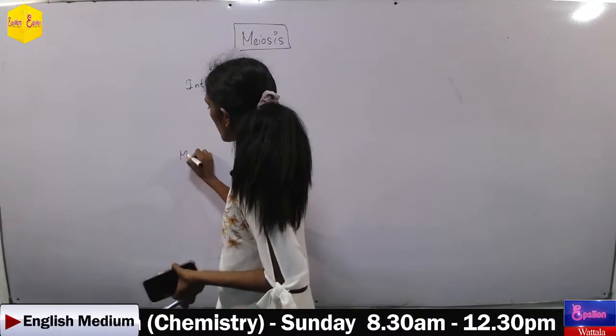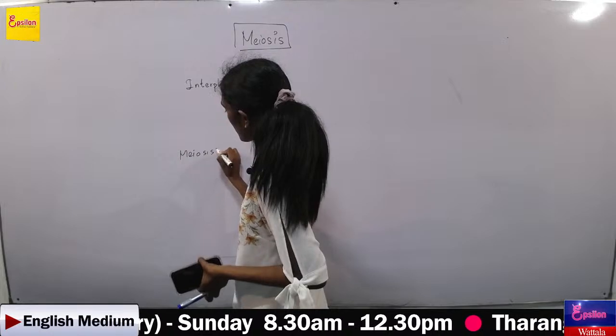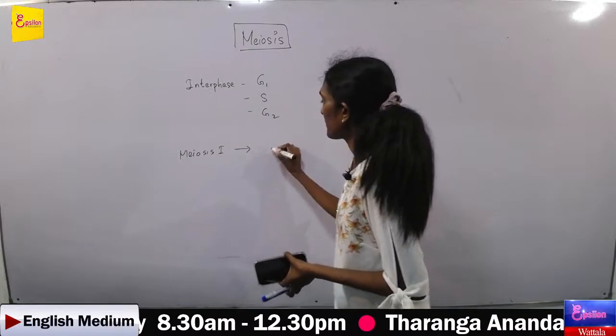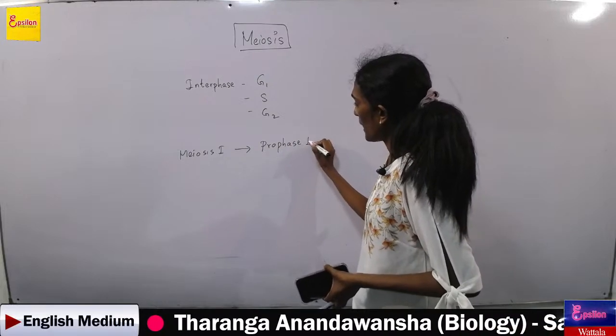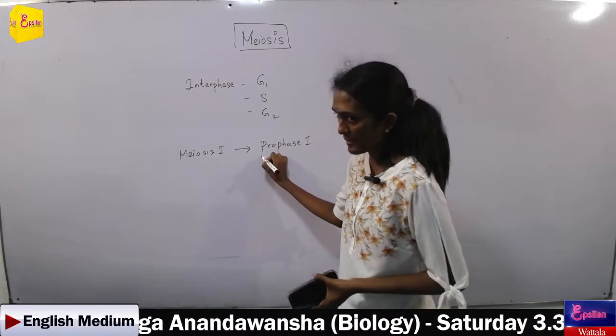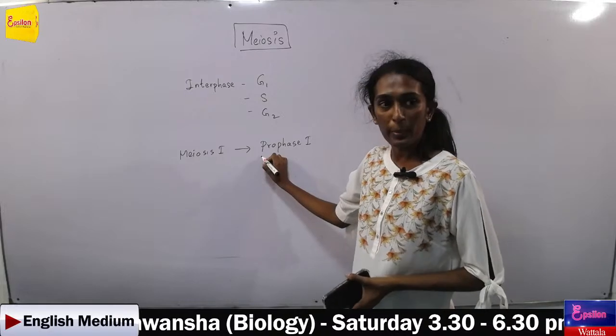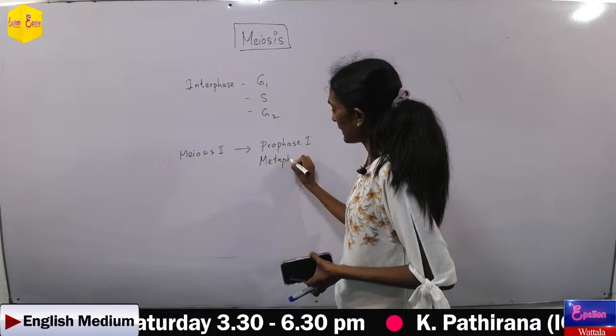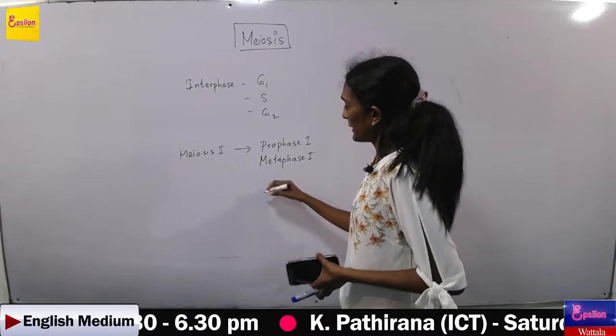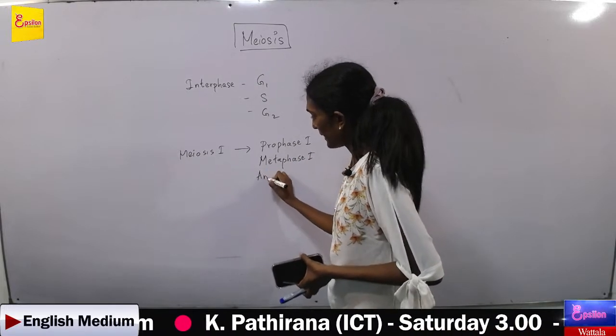So in meiosis 1, these phases are there. Prophase 1. What comes next? Are we having prometaphase now? No, then directly metaphase 1. Next one, anaphase 1.